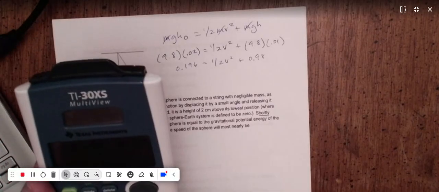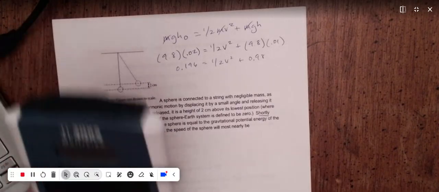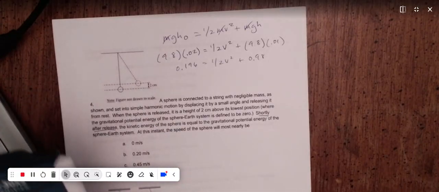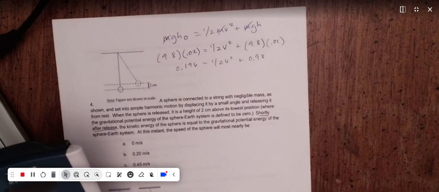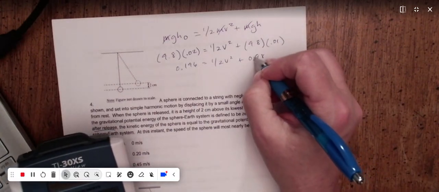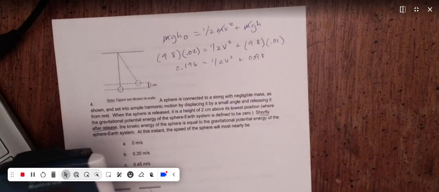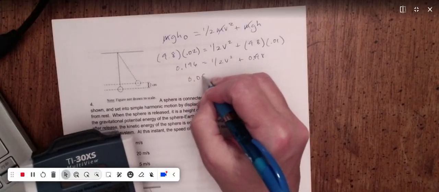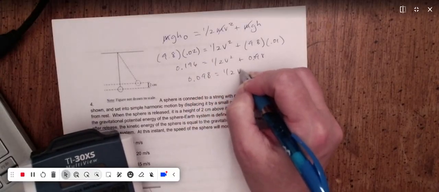What did I do? Hang on a second. I think I'm off a decimal place. Oh yeah, I see what I did. This should be 0.098 here. Then I'm going to subtract that from both sides, and I get 0.098 on this side equals 1/2 v squared.